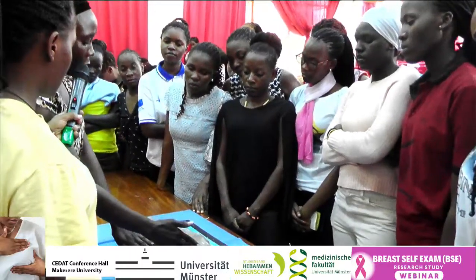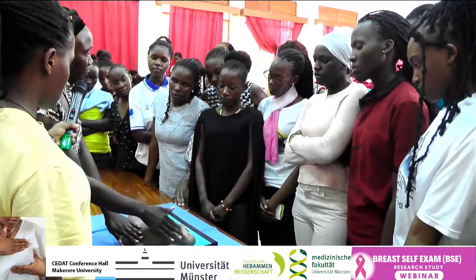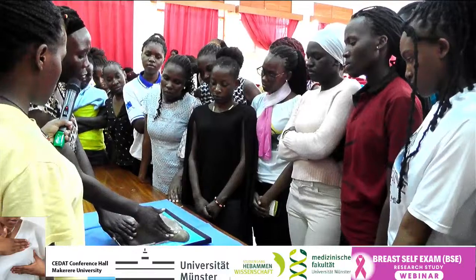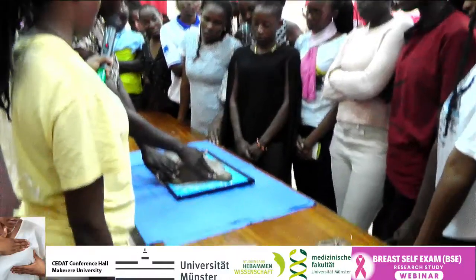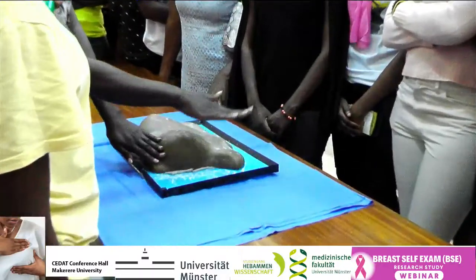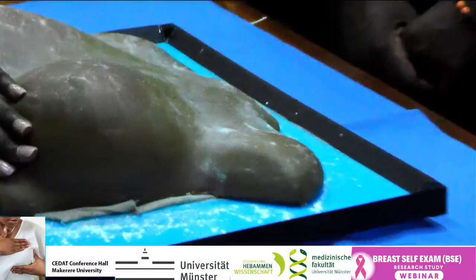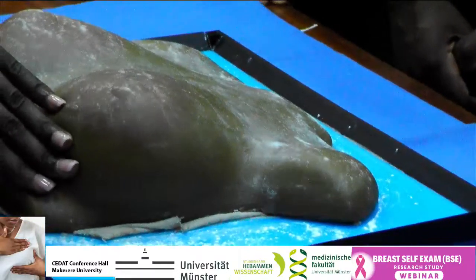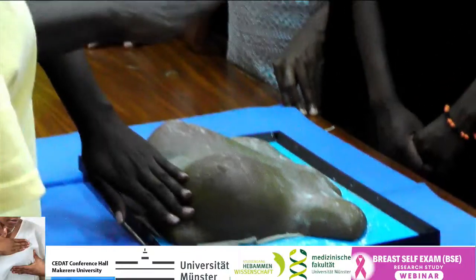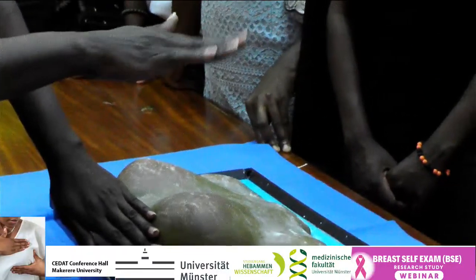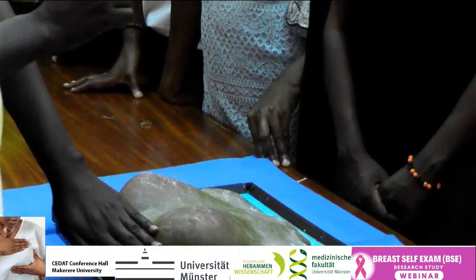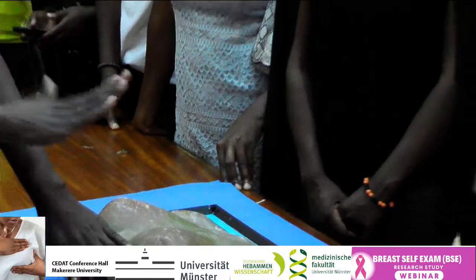So it would be good to start from the axilla area. And when you're palpating, you see the circular, like I'm doing like this. When you do this kind of movement, it's like massaging, but a firm massage. It's not just massaging the body, a firm massage.